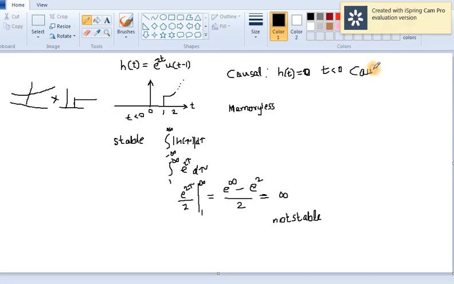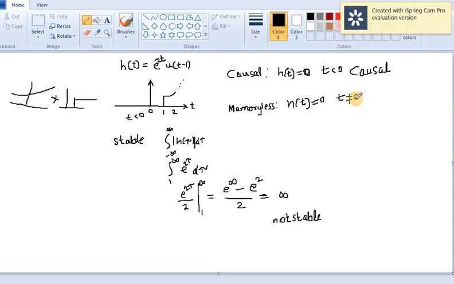Then the next thing is whether it is memoryless or not. The condition for memoryless is h of t should be equal to 0 for t not equal to 0.